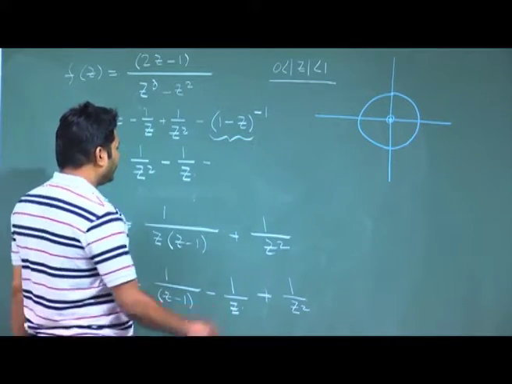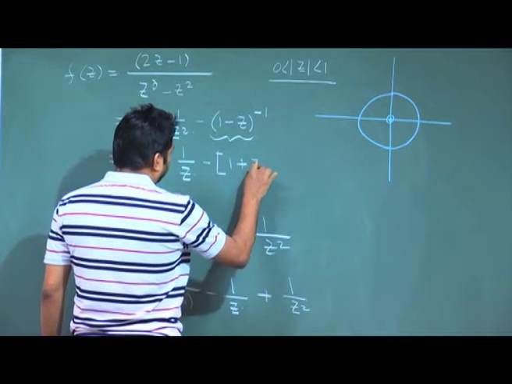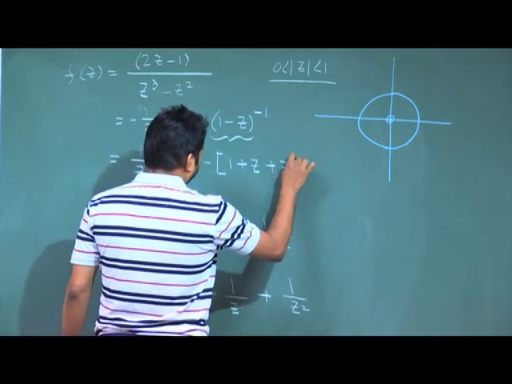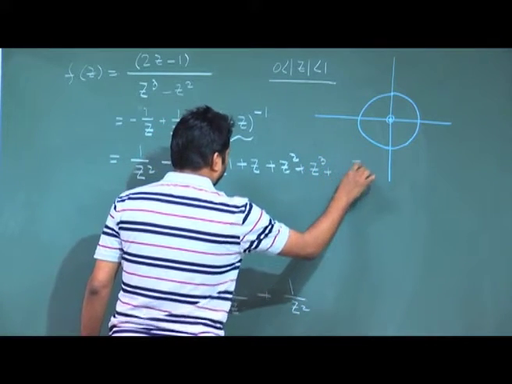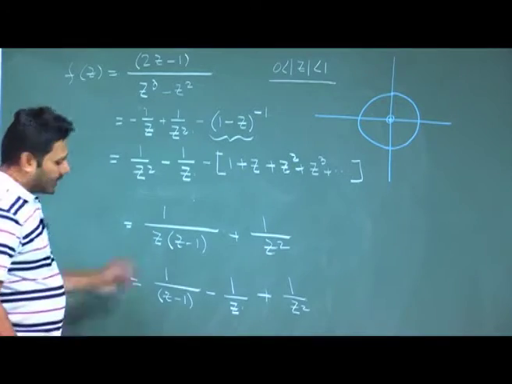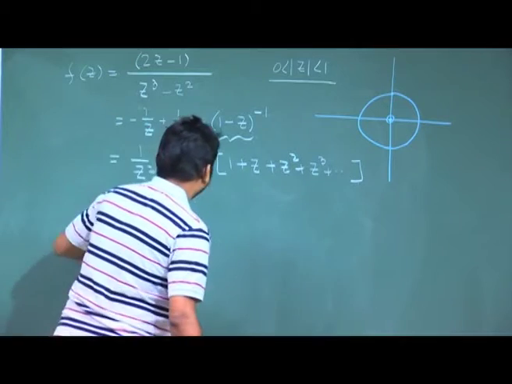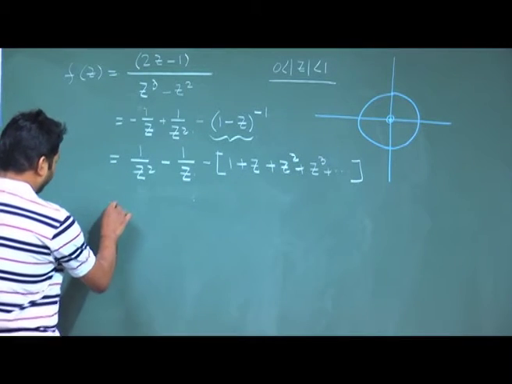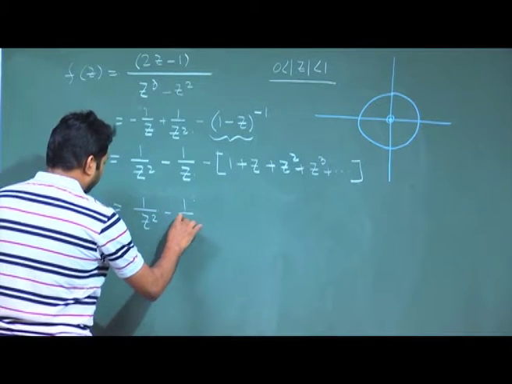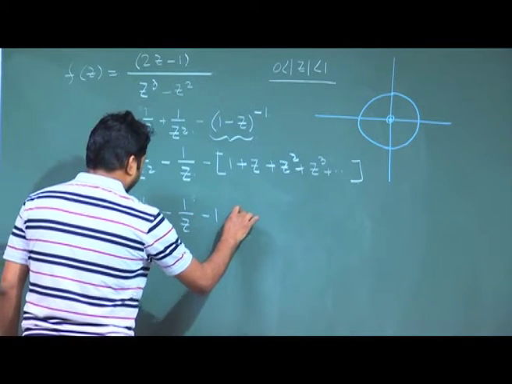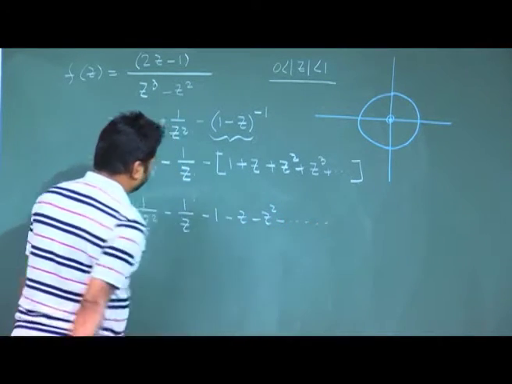So, I am allowed to expand this series. If I do, then it will be something like 1 by z square, minus 1 by z, minus (1 plus z plus z square plus z cube and so on). Now, the total series is something like this: 1 divided by z square minus 1 by z minus 1 minus z minus z square and so on.